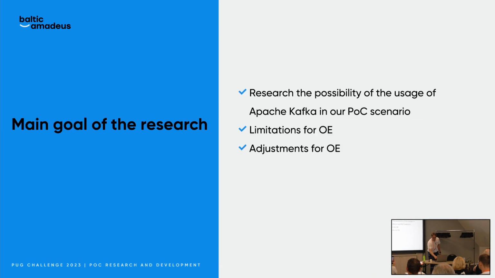And moving on with the main goal, as I briefly mentioned already, the main goal is to research the possibility of using Kafka in such modernization scenarios. And of course, to research what the limitations are for OpenEdge, since Kafka is widely supported by multiple technologies, and what adjustments had to be made specifically for OpenEdge.